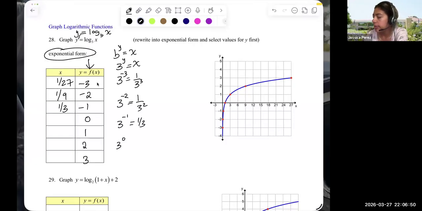And then 3 to the 0 is 1. So this is my x value, 1, and my y value is 0. And then when my y value is 1, it's 3 to the 1. This is going to be 3.